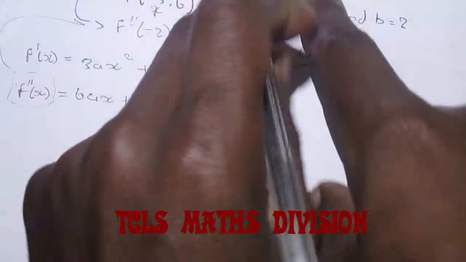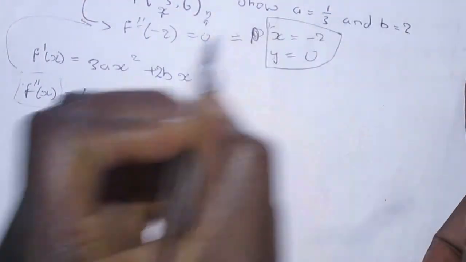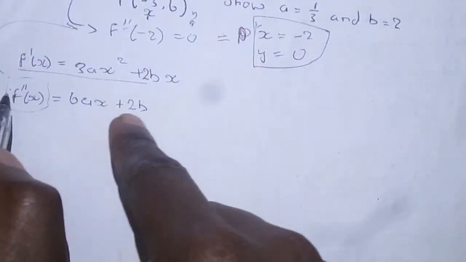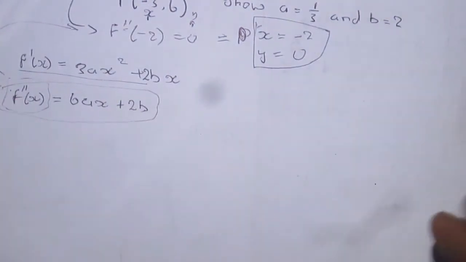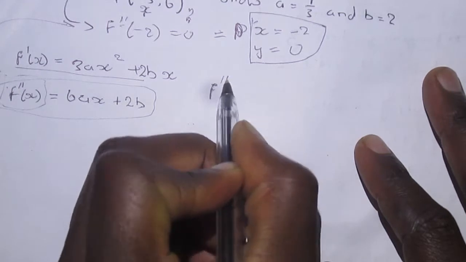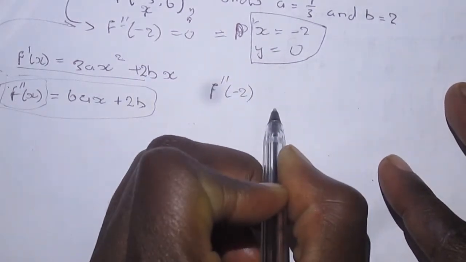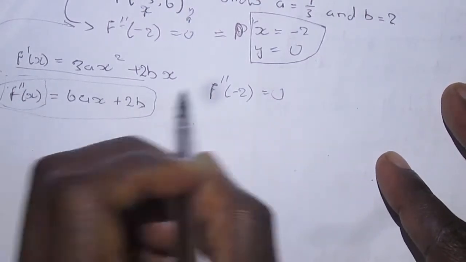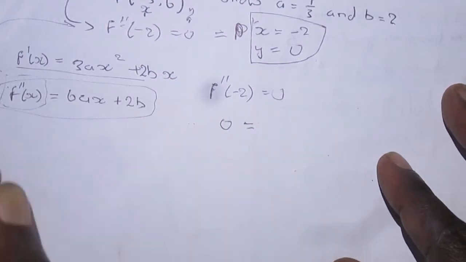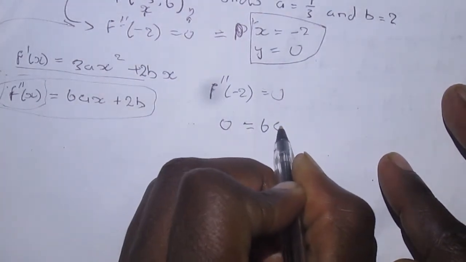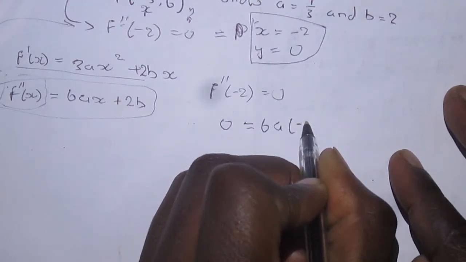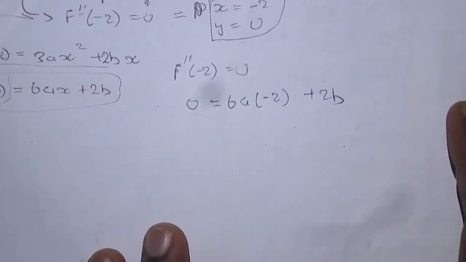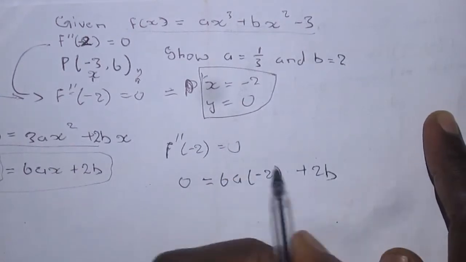I cannot substitute it in the original f of x or the first derivative, because it's only in this form. So the second derivative at -2 is equal to 0, and y is equal to 0. This must give me 0 when I substitute x: 6a times -2 plus 2b must give me 0.